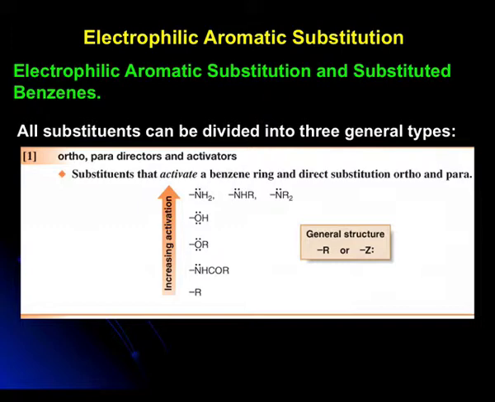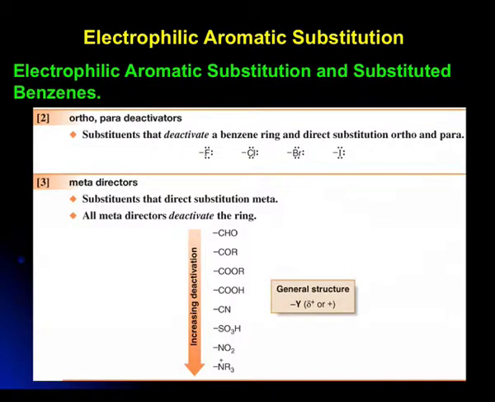Methylphenyl ether. Would that be activated or deactivated? The aromatic ring. So it would be activated. And so you would predict that the electrophile would go to what positions? Ortho and para. Okay? You'd get a mixture.